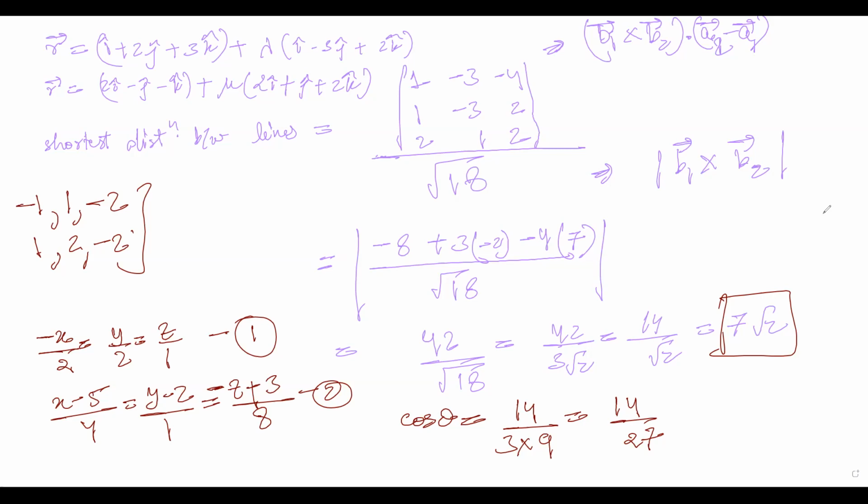Point already given. To write the equation of line, we need two things. Point is already given. You have to find the DRs.